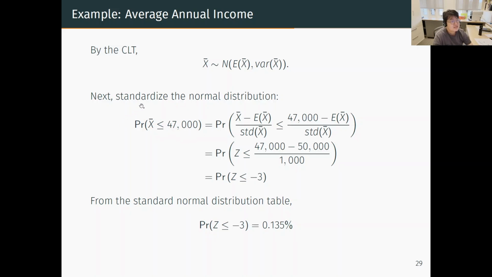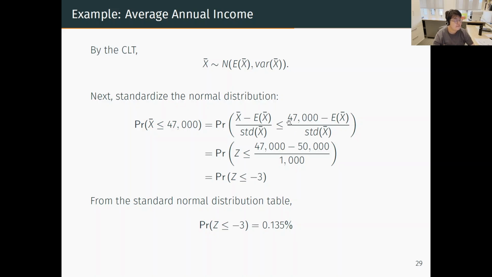Standardize x bar to the standard normal distribution: x bar subtract its mean and divide by its standard deviation, and this standardized random variable becomes a standard normal distribution z. This is easy, but you have to remember that you need to do the same standardization on the other side, on the counterpart of this inequality.